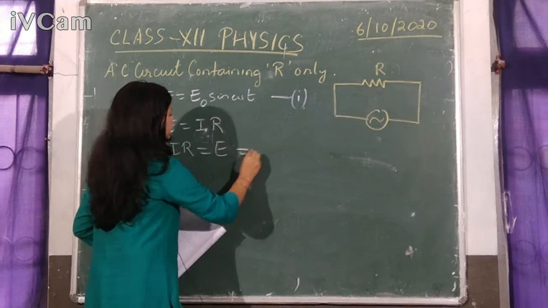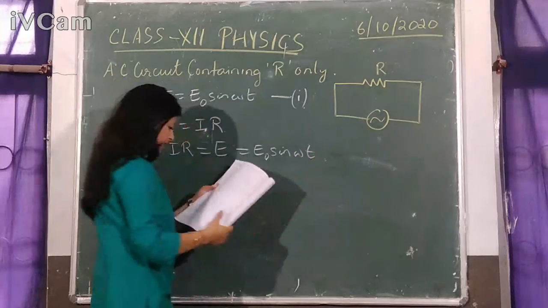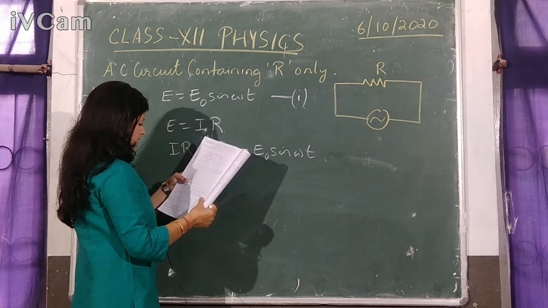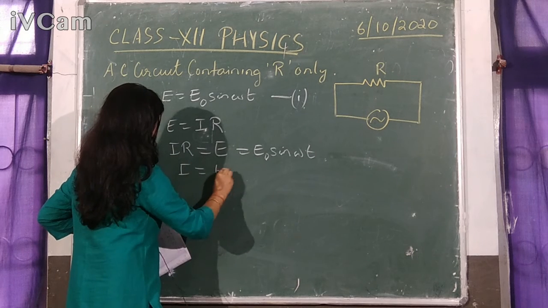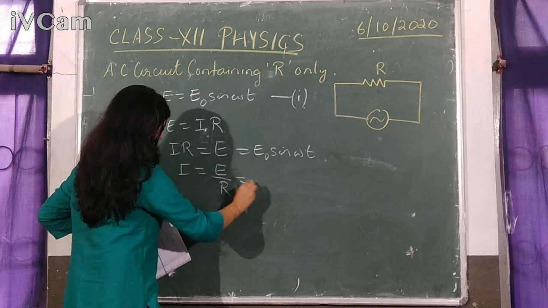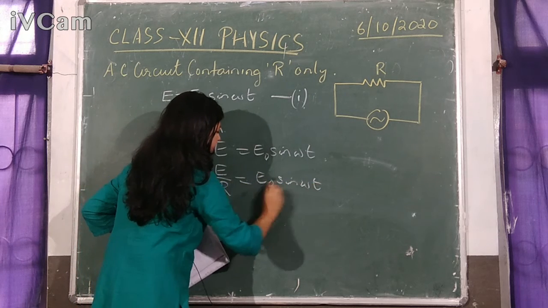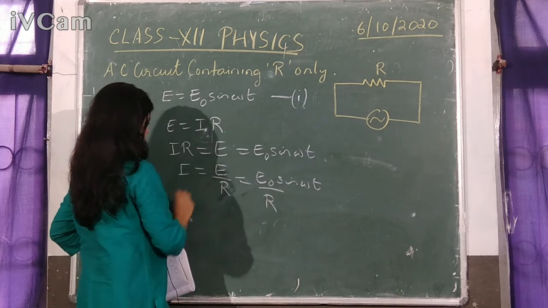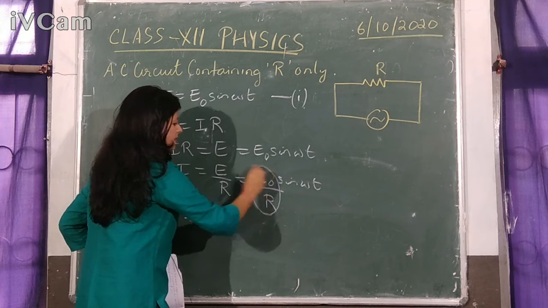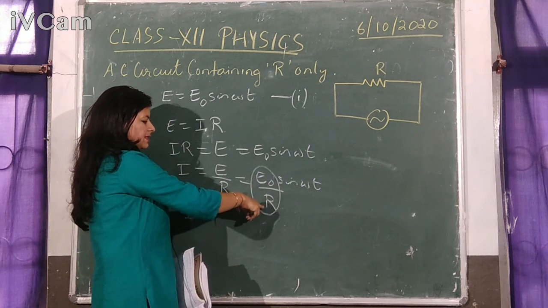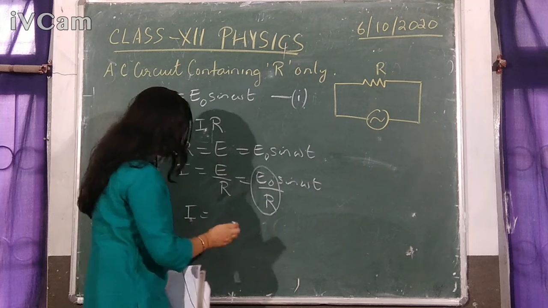Now E is equal to E naught sine omega t. Then I can write I is equal to E by R, or E naught sine omega t divided by R. Now E naught by R is EMF divided by resistance, that is peak EMF divided by the resistance, which is going to give you the peak value of current.